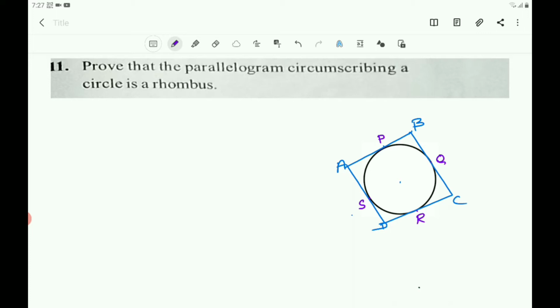The parallelogram is circumscribing a circle. We have to prove that this parallelogram ABCD is a rhombus, and use the property of the tangents from the external point. So you take the solution.